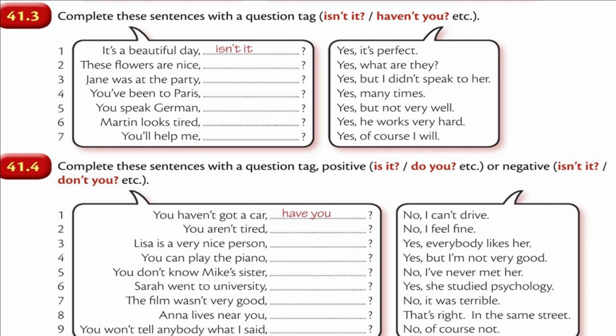The film wasn't very good, was it? No, it was terrible. Number 8. Anna lives near you, doesn't she? That's right, in the same street. Number 9. You won't tell anybody what I said, will you? No, of course not.